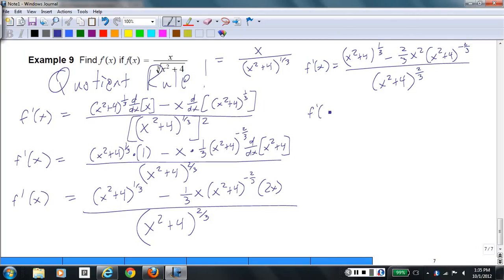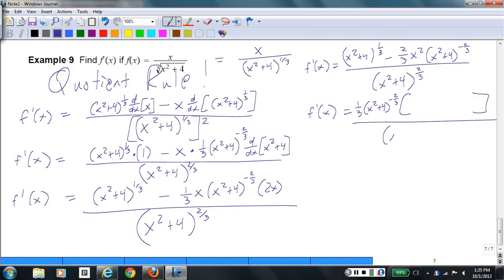So I'm looking at it, I'm thinking I don't want a 2/3 inside the parentheses. I don't want to leave a fraction inside the parentheses like this. So I'm wondering if I shouldn't, at a minimum, factor out a 1/3. It's a little weird, but I want to factor out a 1/3 times (x squared plus 4) to the negative 2/3.